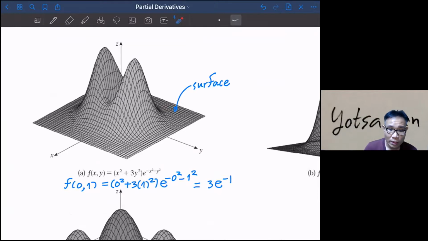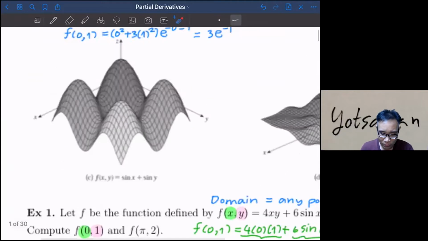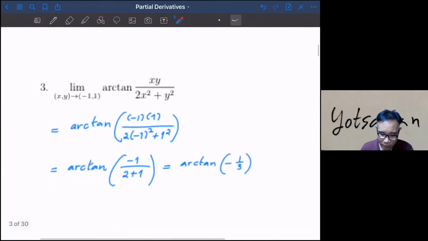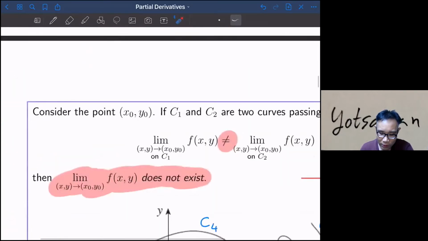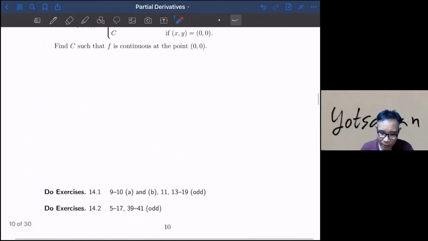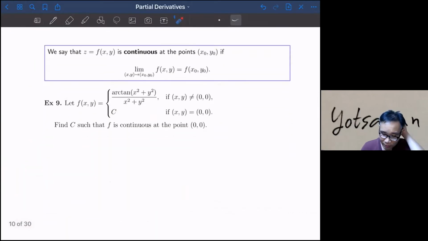This is the surface that we call continuous. The meaning of continuity in two variables is exactly the same as the meaning of continuity in one variable. It means that the limit as x approaches x0, y0 is equal to the value of the function at (x0, y0).